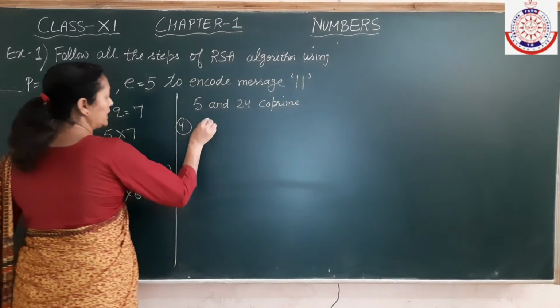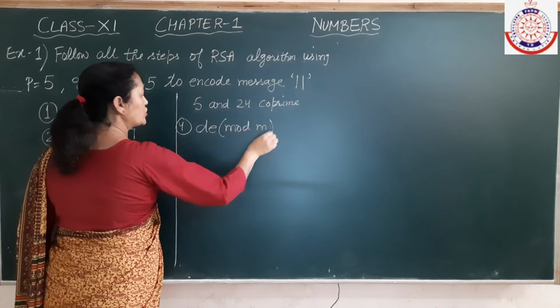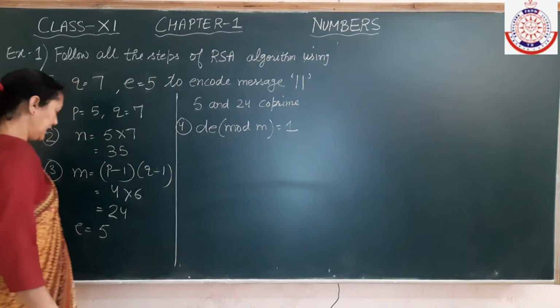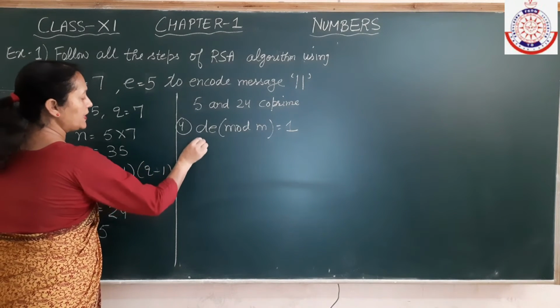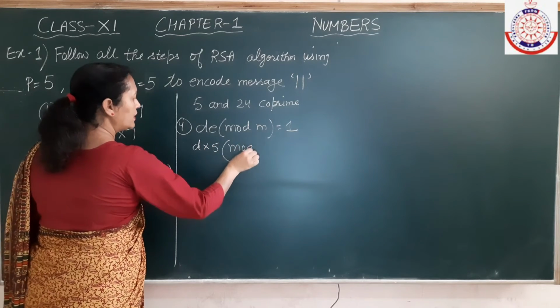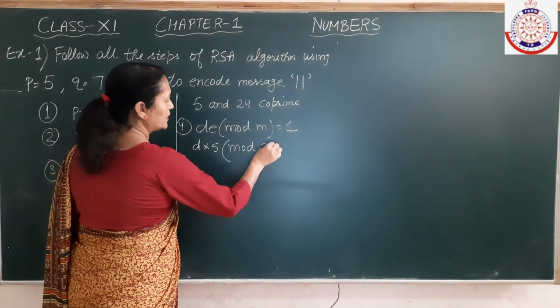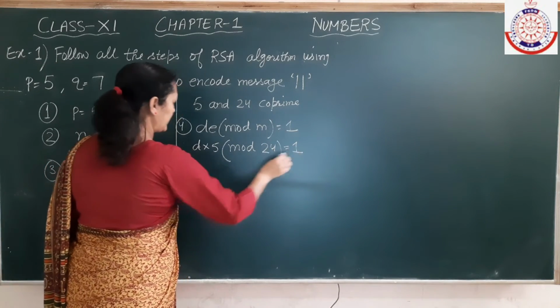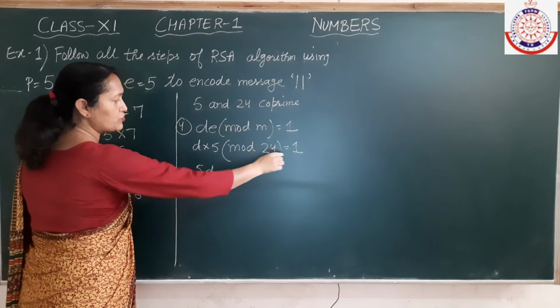So d into e mod m should be equal to 1. E is 5, so 5d mod m, m is 24, equals 1. So 5d when divided by 24 should give us 1.